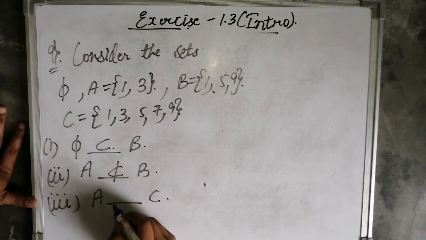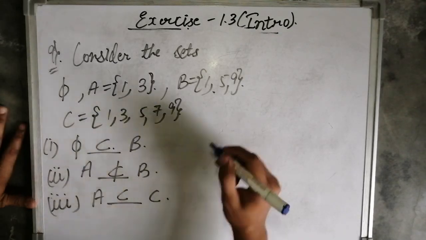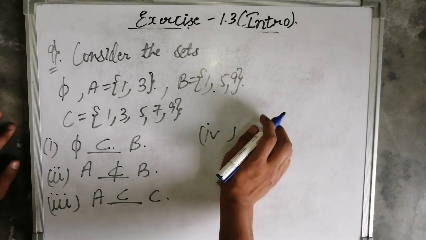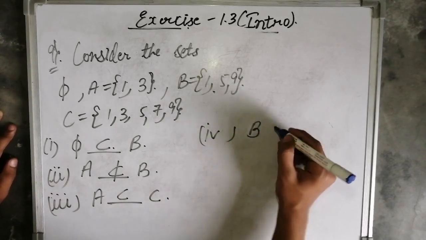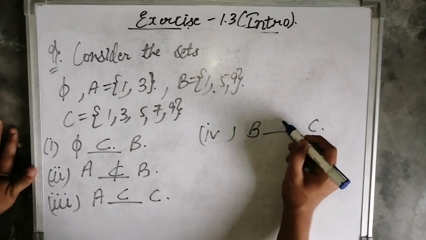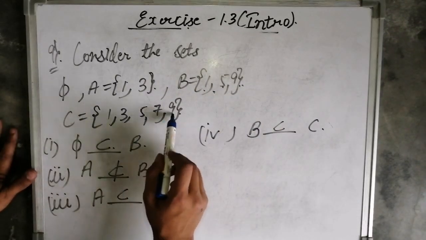Yes, A is a subset of C because all the elements of A are included in C. Next and the last one, we have B and C. Yes, this one is also a subset of C because 1, 5, 9 is included in the set C.